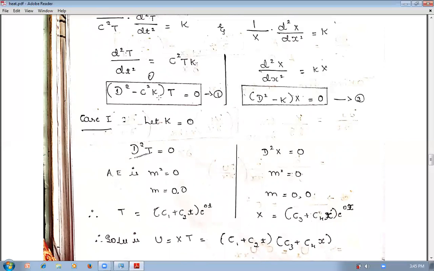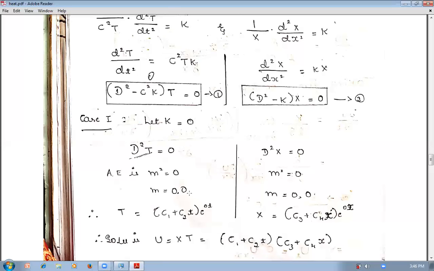Put k is equal to 0. In equation 1, we get D square minus 0 into T is equal to 0, nothing but D square T is equal to 0. This is a second order equation. We can find two roots by writing the auxiliary equation. The auxiliary equation is m square is equal to 0, m is equal to 0, 0.